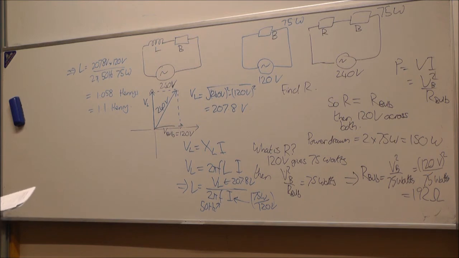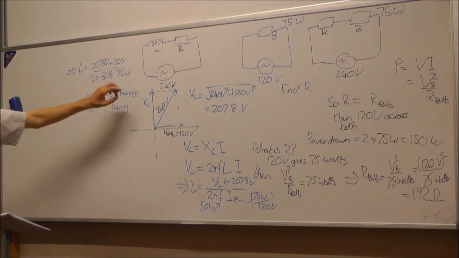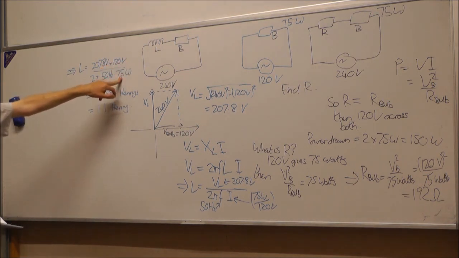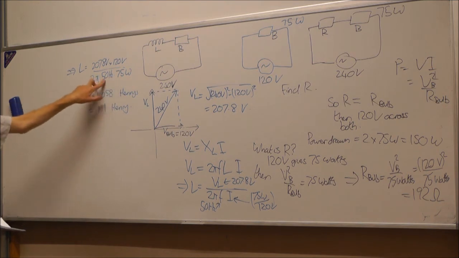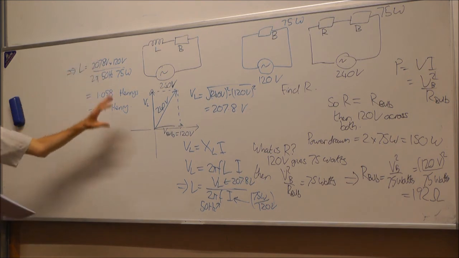That'll be of the order of 1, because just looking at orders of magnitude, 120 cancels with 75. 2 pi times 50 is about 300. About 200 cancels with 300. It's going to be something like the order of 1.